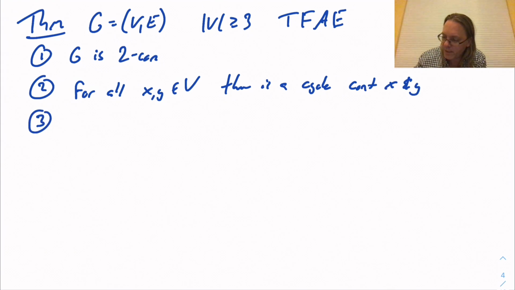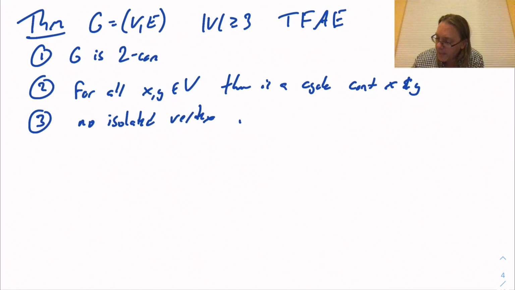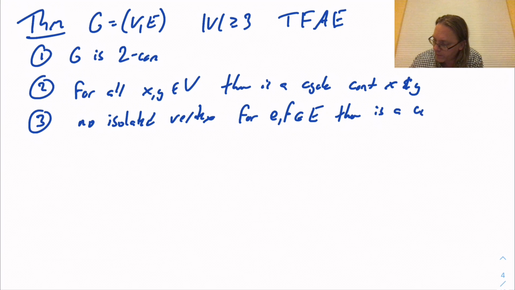And property 3: G has no isolated vertex, so no vertex of degree 0, and for all edges E and F, there is a cycle containing E and F.